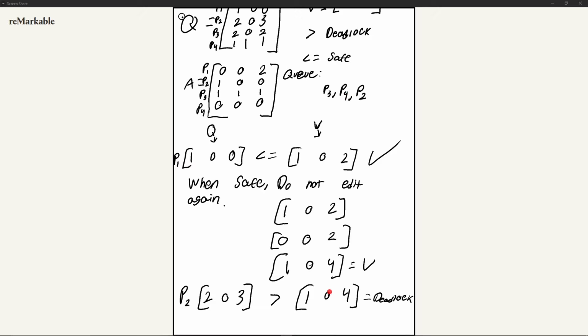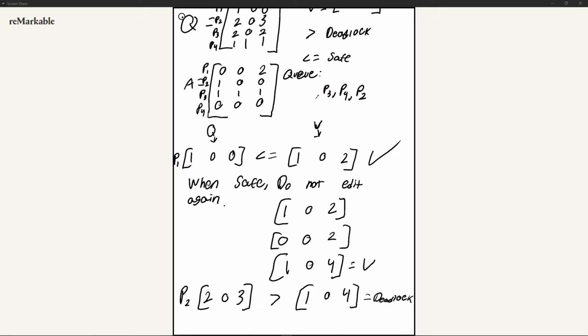But because P2 is deadlocked, we move it back, because if V can be changed, there's a possibility that P2 can also be safe. Because this is changing.